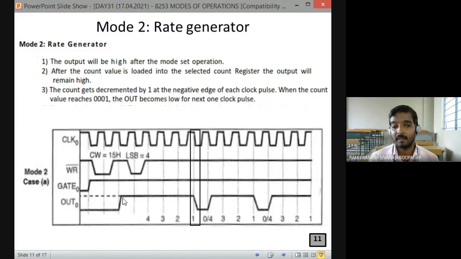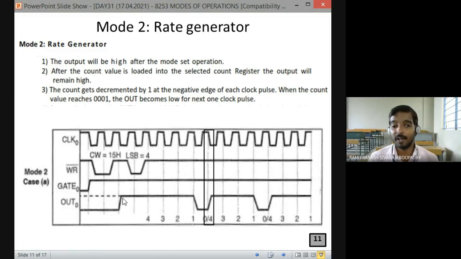Fine? High to low. At the immediate next negative edge, the count becomes 0 and the output becomes high again. That means, for the rate generator, one count before the terminal count, the out pin changes from high to low. Fine. On terminal count, the out pin becomes high again.